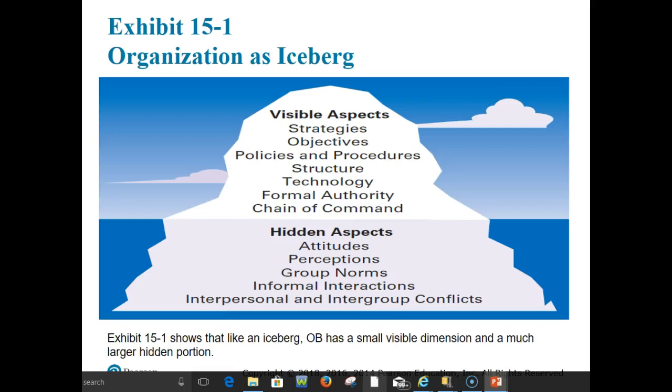And one of the challenges in understanding organizational behavior is that it addresses issues that aren't obvious, like an iceberg. Organizational behavior has a small, visible dimension and a much larger hidden portion. See Exhibit 15-1 here. Your visible aspects are your strategies, your objectives, your policies and procedures, structure, technology, formal authority, chain of command, all the things that are visible and transparent at the surface.